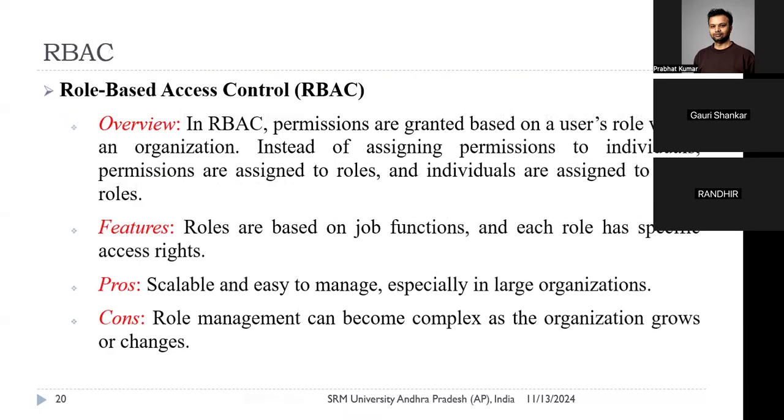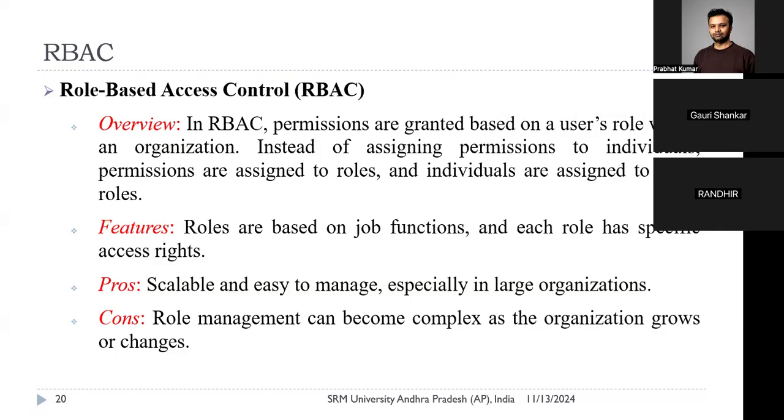Now, with mandatory access control, one advantage was that it was not controlled by the discretion of the user. It was controlled by the central authority, which gave permission based on the label. But managing which classification of data was very difficult. Now role-based access control came, where the label is not decided, but the role is decided.